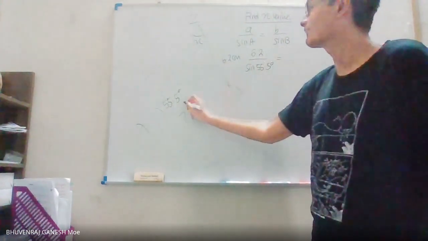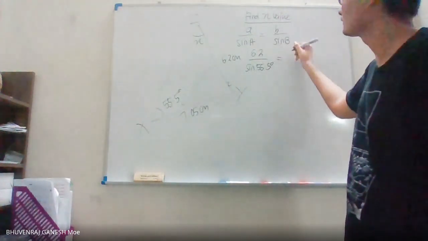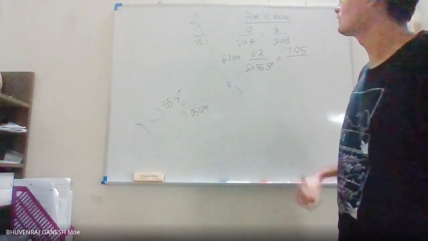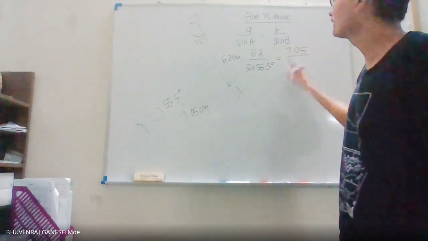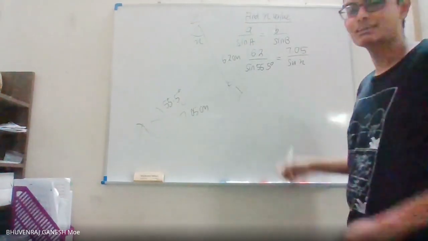It's correct because you understand the concept already. This one is opposite to the angle, because both look opposite to each other. So the B value, what is the length? 7.05 cm. Yeah, very good. Then the B angle, what's the angle they want you to find? X. Yeah, correct. That's how you create your formula.